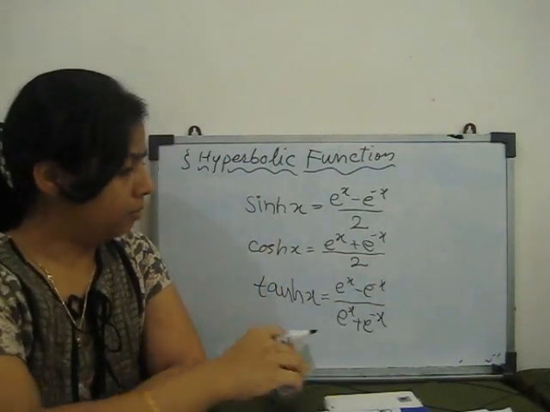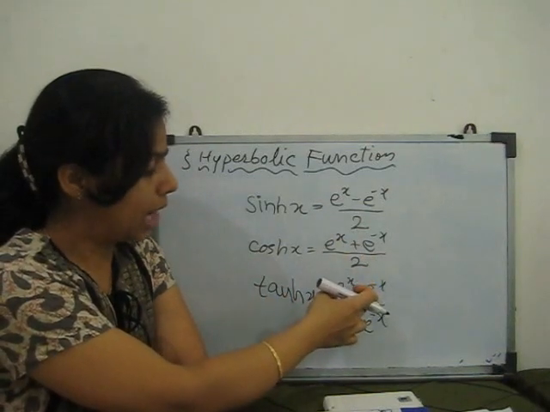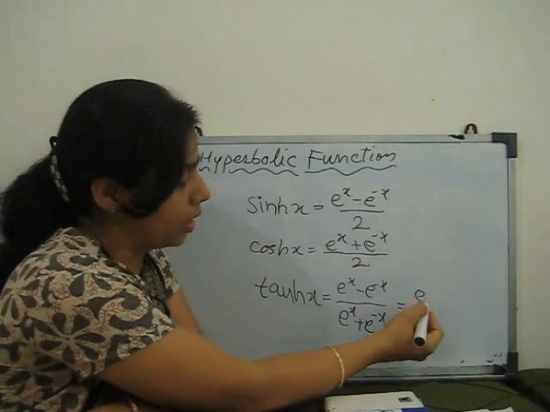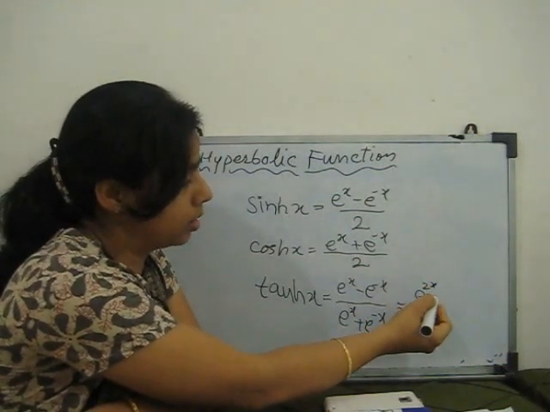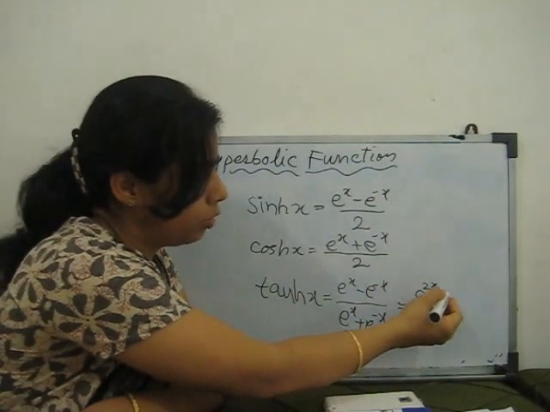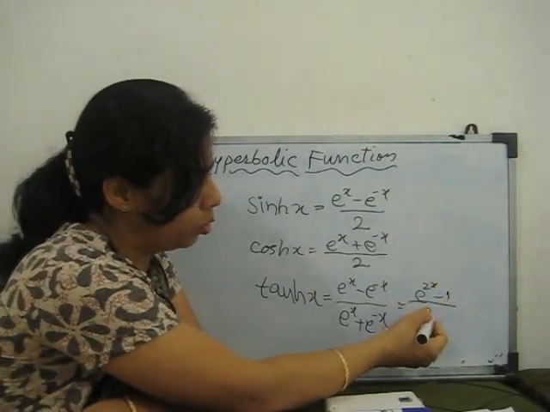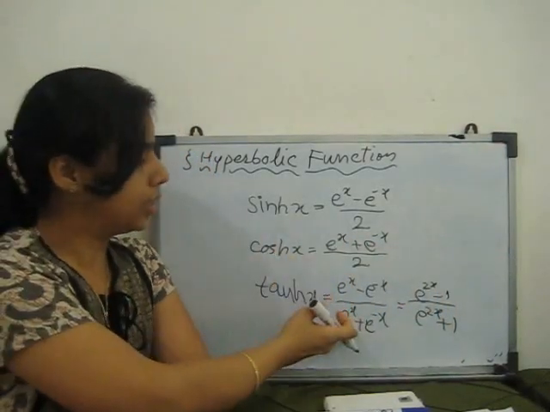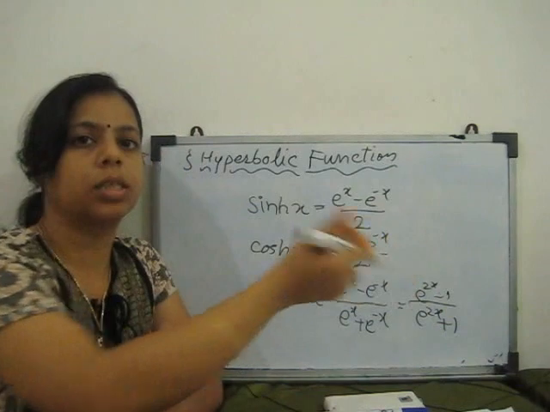Clear? If we multiply by 1 by e to the power x, then another relation is e to the power 2x minus 1 upon e to the power 2x plus 1. So this is also tan hyperbolic, just a different form.